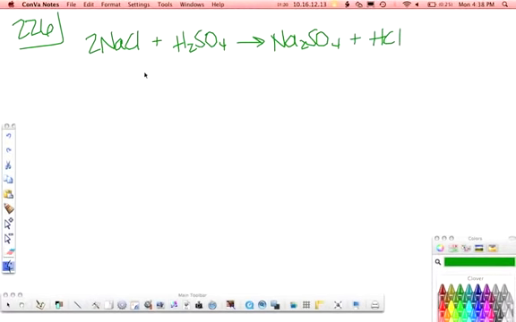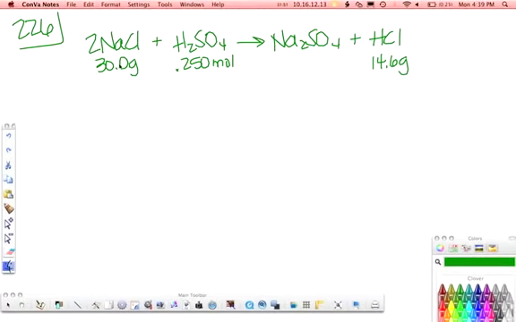And the question says, if 30 grams of NaCl reacts with 0.250 moles of sulfuric acid and 14.6 grams of hydrogen chloride are made, what is the percent yield?